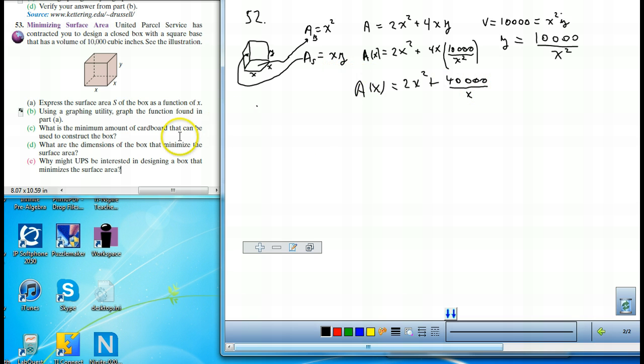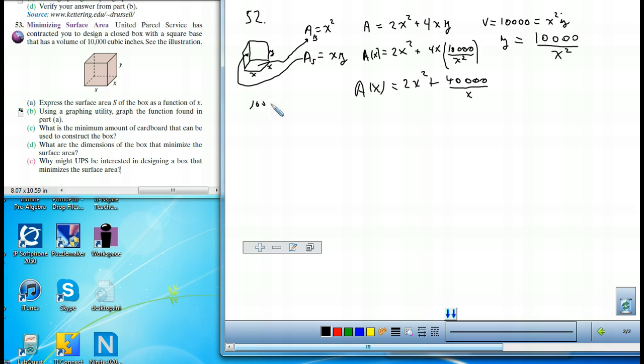Now it says use a graphing utility to graph the function found in part A. I want you to think about what values of x would work. Just to pretend, what if x was 100?